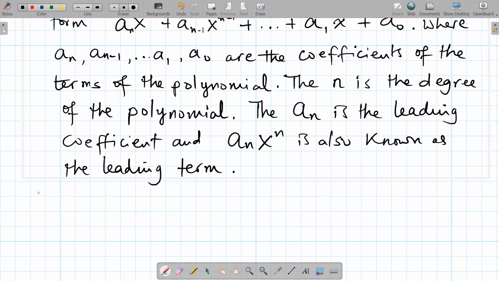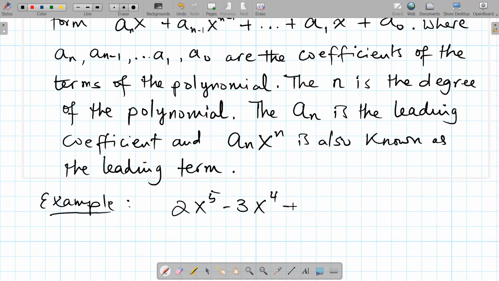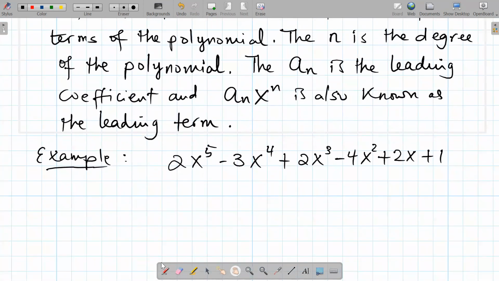A typical example: let's say I give you 2x^5 minus 3x^4 plus 2x^3 minus 4x^2 plus 2x plus 1. This is a typical polynomial expression.